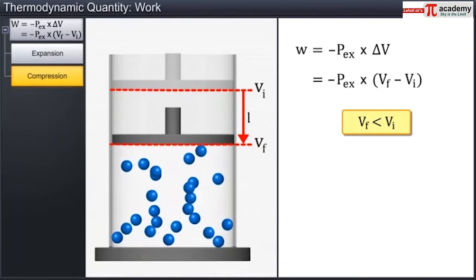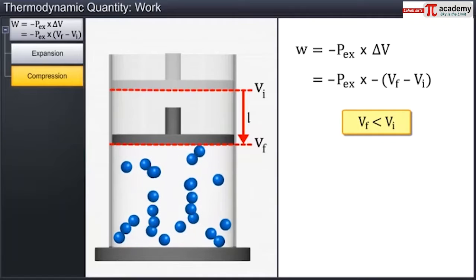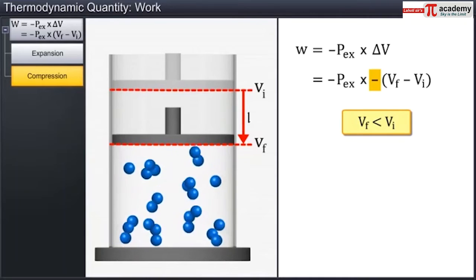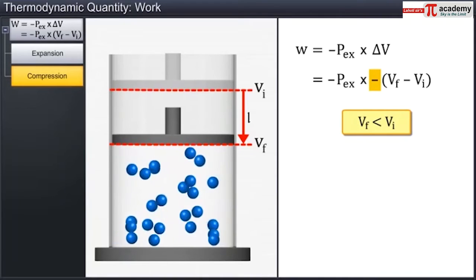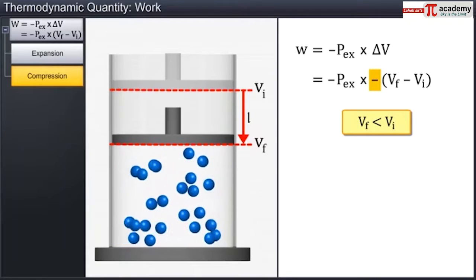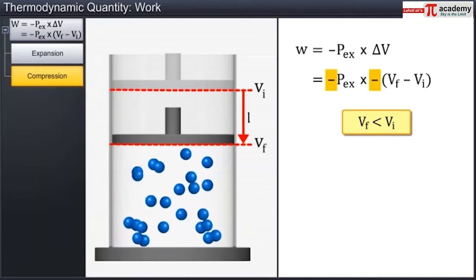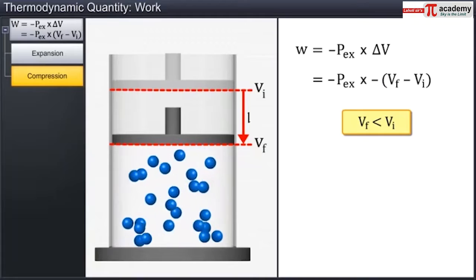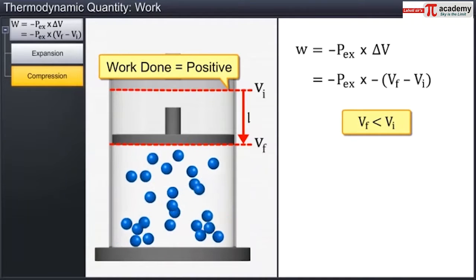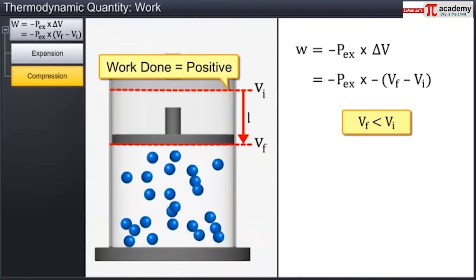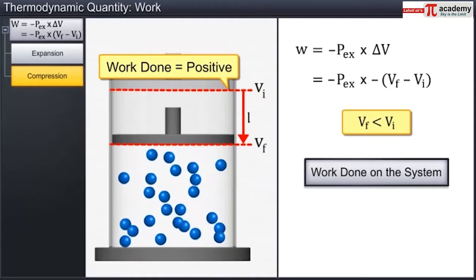On substituting the values of volume in the equation of work, we get a negative volume. When this negative value is multiplied with the negative external pressure, the resultant work is positive. Then we can say that work is done on the system.